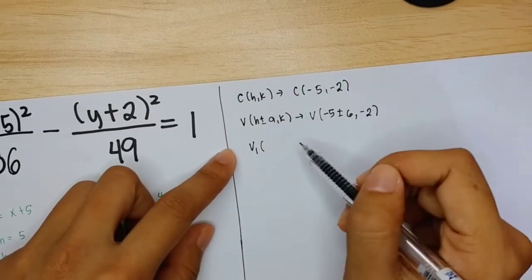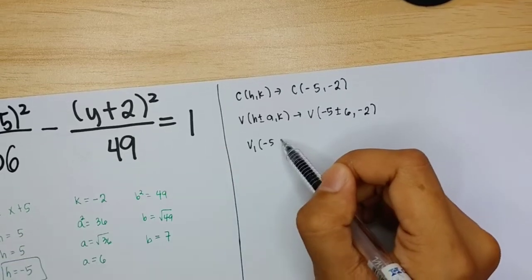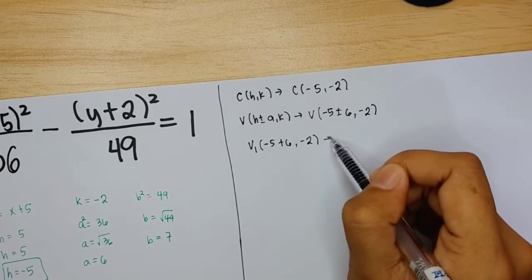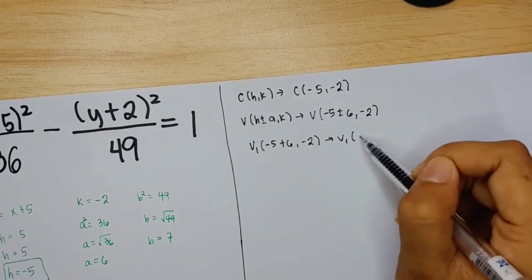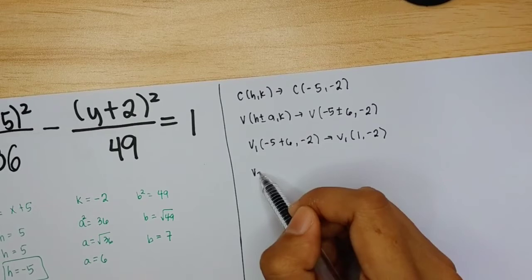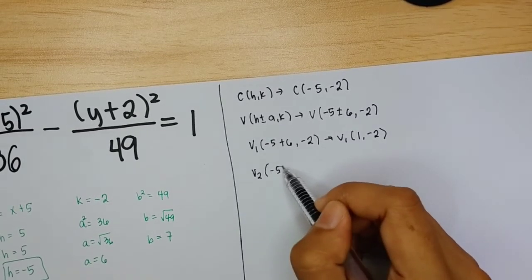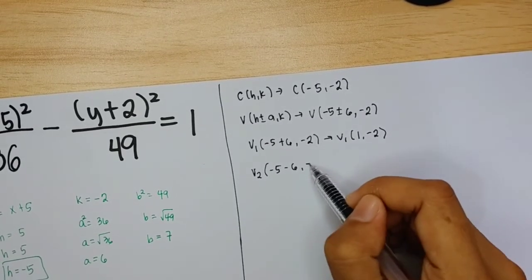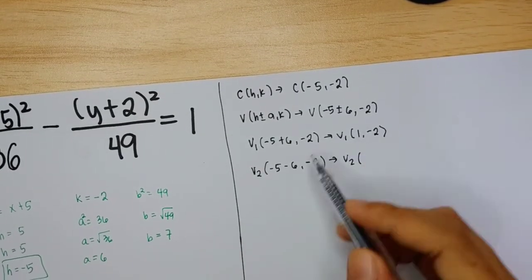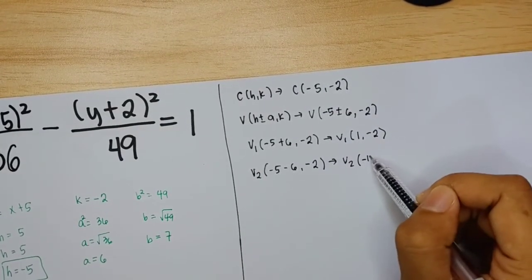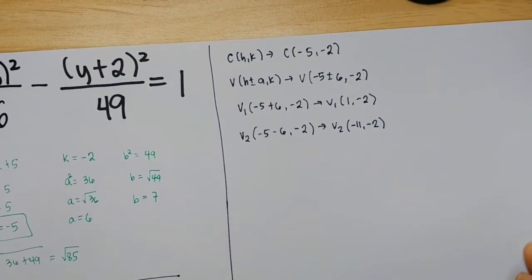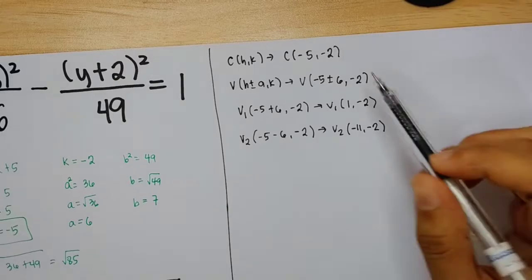So, V1 natin is negative 5 plus 6, comma negative 2. So, this is V1. That is 1, negative 2. Okay, V2 natin, we have negative 5 minus 6, comma negative 2. That is negative 11, negative 2. So, yun yung sa V2 natin. Okay na yung center, vertices.